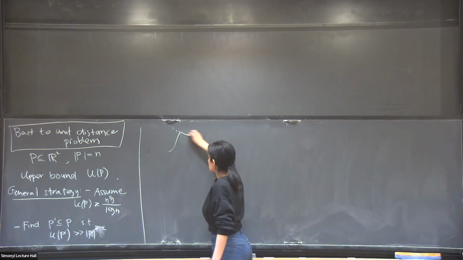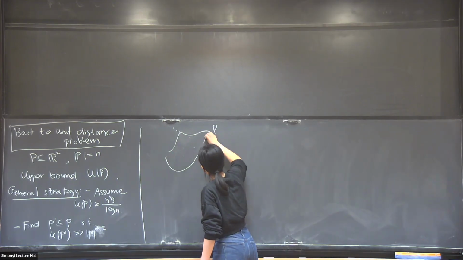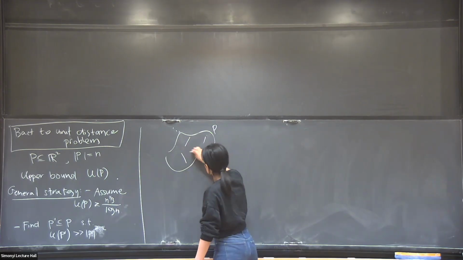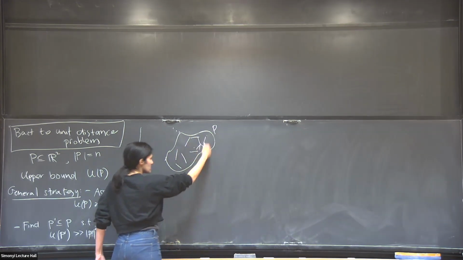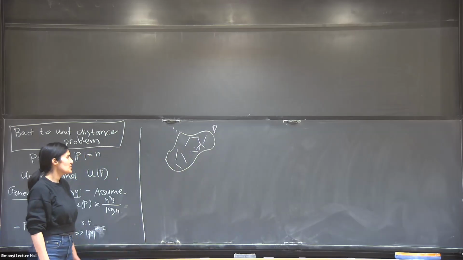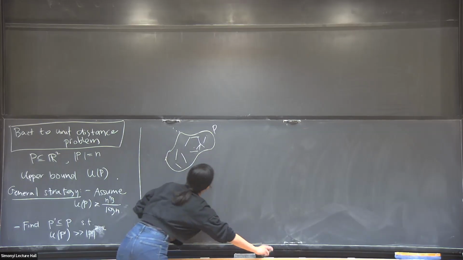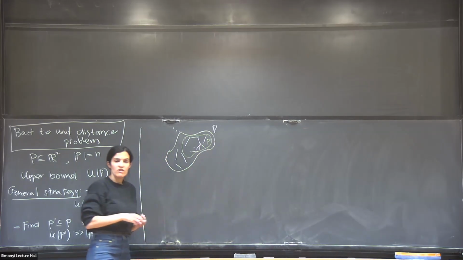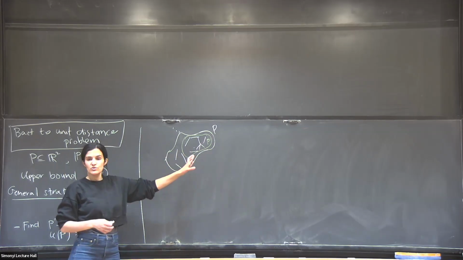So, this is a set P. We have n points here, and we have many pairs having distance 1. It's denser than this, but let's use this picture. And the idea is maybe you can find some P prime that has many unit distances inside it.